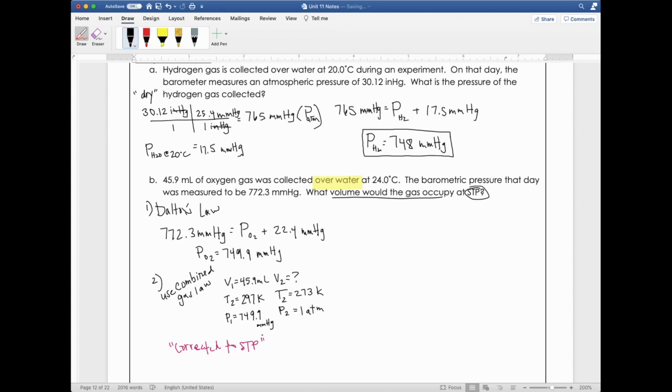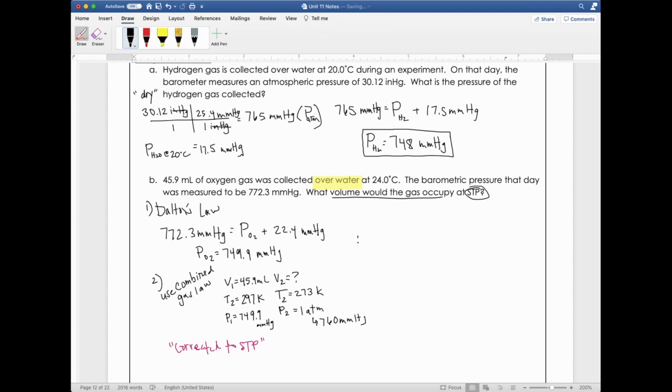Now let's plug everything in and solve. Notice how the units of pressure are not the same. So I'm just going to make my life easy, and I know 1 atmosphere is equal to 760 millimeters of mercury. So we're just going to start from there.